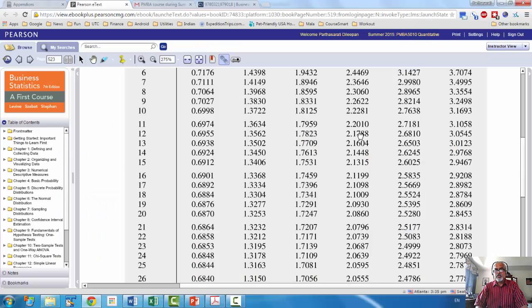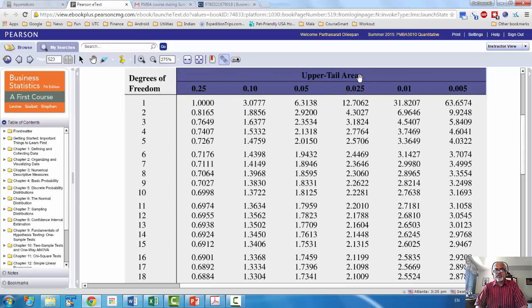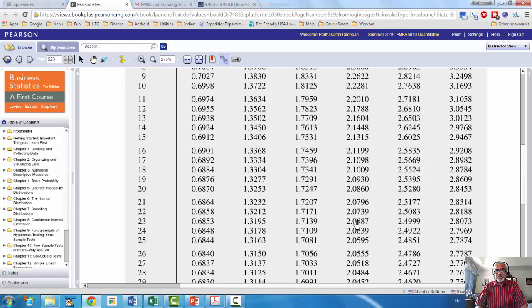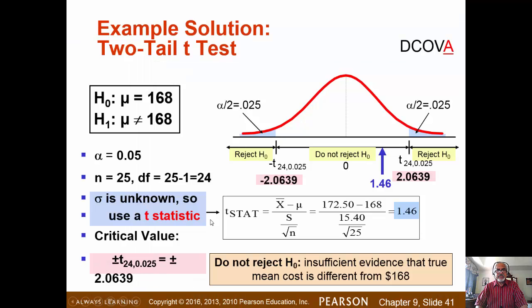Here, 0.025 is the upper tail area, 24 being the degrees of freedom. You get 2.0639, and similarly minus 2.0639 on the left side. So those are the two critical values.